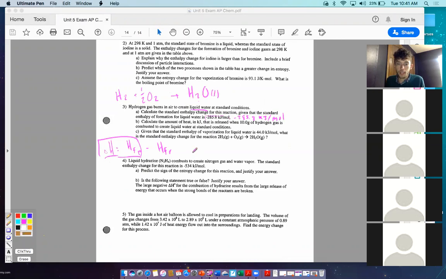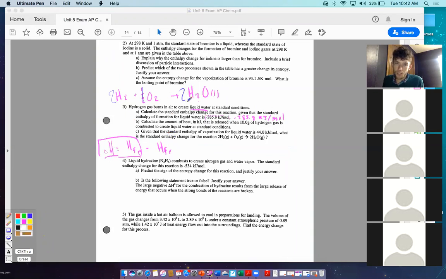Just like that. Now, I suppose that if you had balanced your equation differently, if you had balanced it using a 2 right here and a 1 right here and a 2 right here, then in order to find the delta H for this reaction, you would have multiplied this number by 2 and then subtracted 0 away from it.